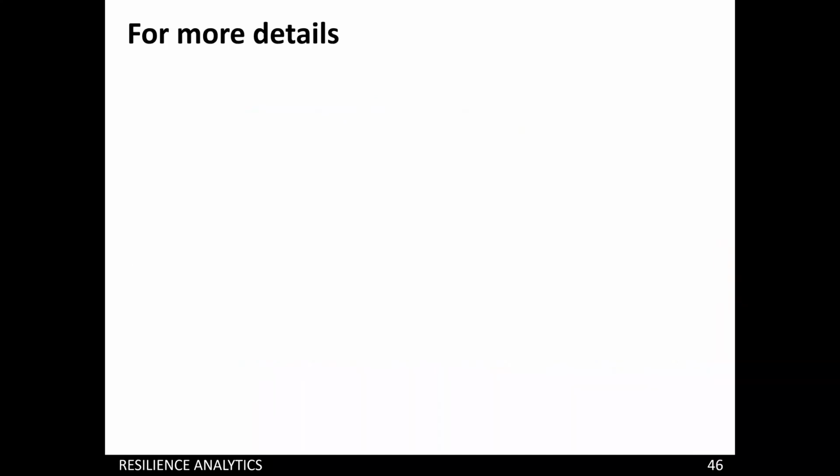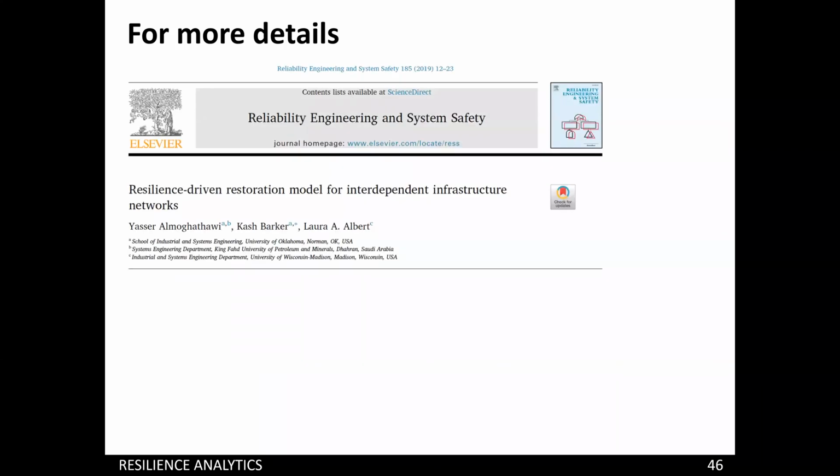So if you want more details here, this is just a little bit of an introduction to this idea. If you want more details, the original paper that I showed on the restoration model, that appeared in Reliability Engineering System Safety back in 2019. And you'll see here that one of the co-authors is one of the speakers in this course, Laura Albert.